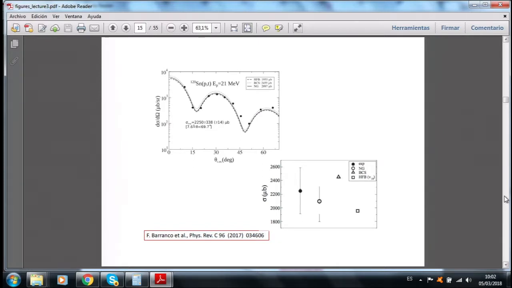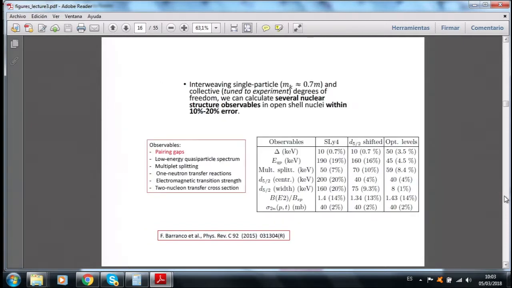So one could say that this observable is not very sensitive to fragmentation, because you don't have fragmentation here. Well, it's an open question whether, when the experimental error bars become smaller, some sensitivity could be obtained also for this observable. But by now, it's somewhat democratic for these three different ways of calculating.